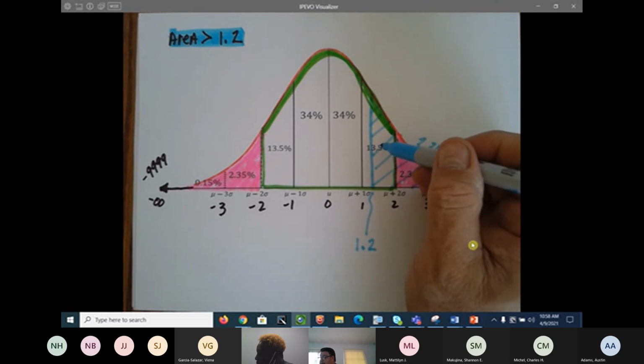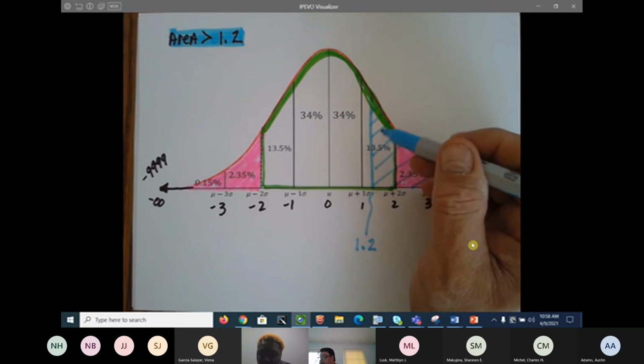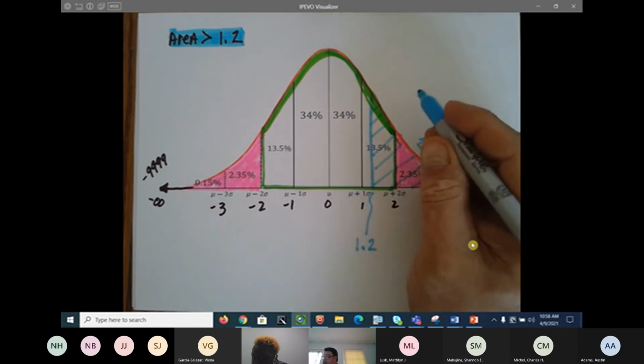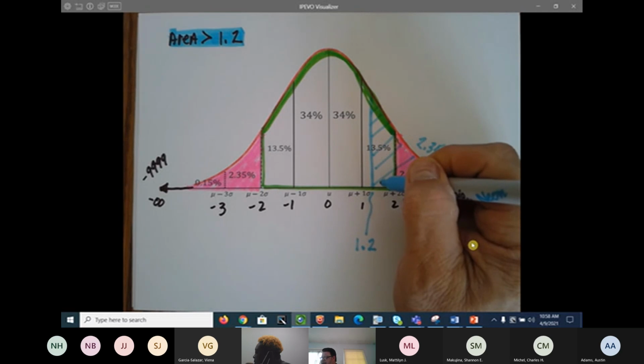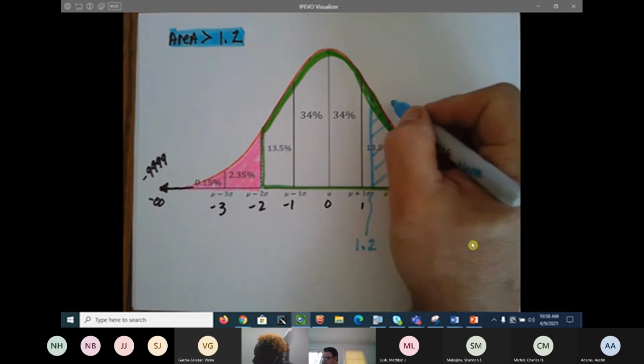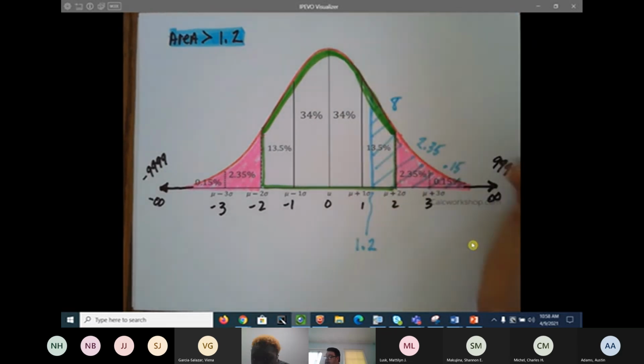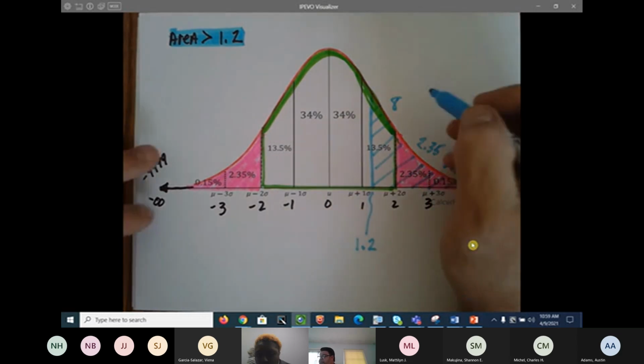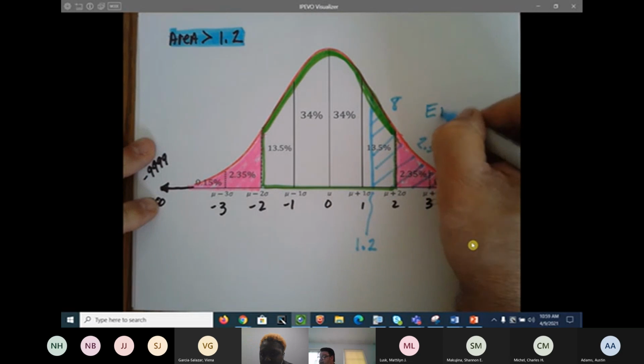I'm thinking out loud. 13 divided by 5 is 2.7. So 2.7 times 3 is 8.1, something like that. I'm going to say 8%. Okay, so that's 10.35 or 10, that's 2.5. I'm going to say about 10.5% by the empirical rule.